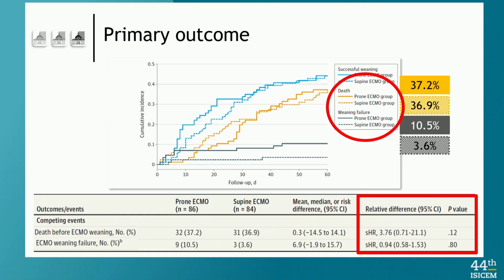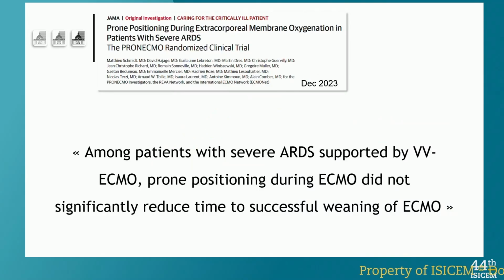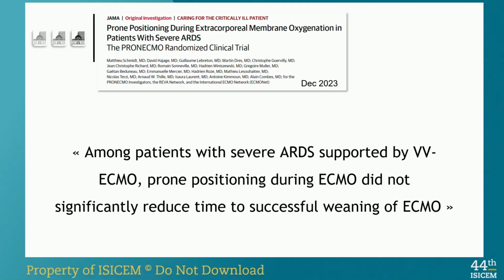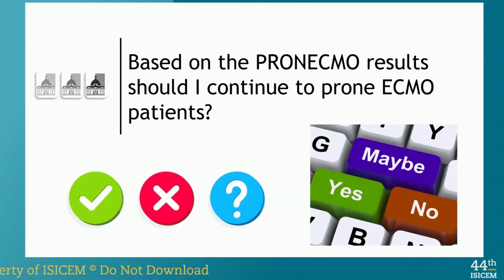Even if you dig further by analyzing some subgroups, we didn't find any difference. So the conclusion was quite straightforward: among patients with severe ARDS supported by VV ECMO, prone positioning during ECMO did not significantly reduce time to successful weaning of ECMO. At that stage, should we throw the baby out with the bathwater?